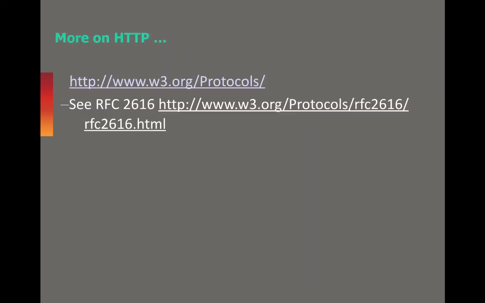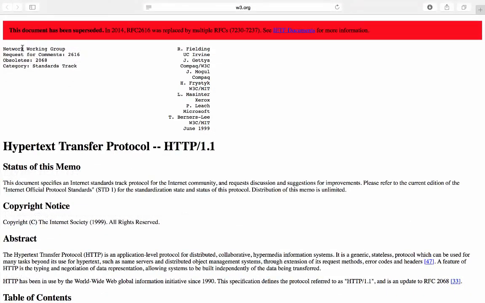Okay, so there's a lot more information on the HTTP protocol. In fact, it is a web standard, and many of the internet protocols or web protocols are specified using this RFC convention. So if you look at RFC 2616, so here we are. This is RFC 2616, and from 2014 onwards, it was replaced by a set of RFCs instead of one RFC.